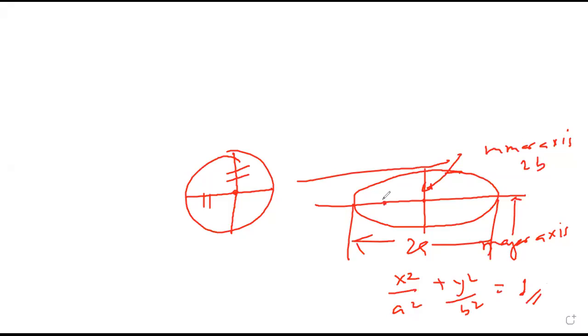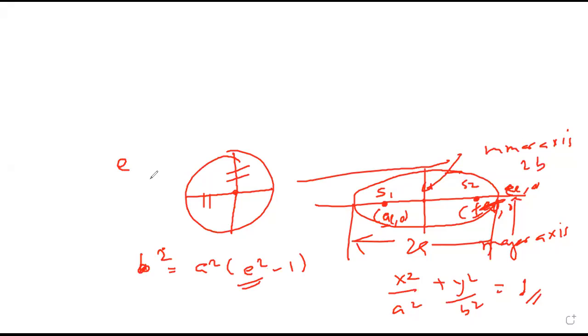So one point is at left hand, other is on the right. These two, S1, S2, are called foci. Their coordinates are minus ae, 0 and plus ae, 0. e means eccentricity. b square equals a square into 1 minus e square, where e is called eccentricity.